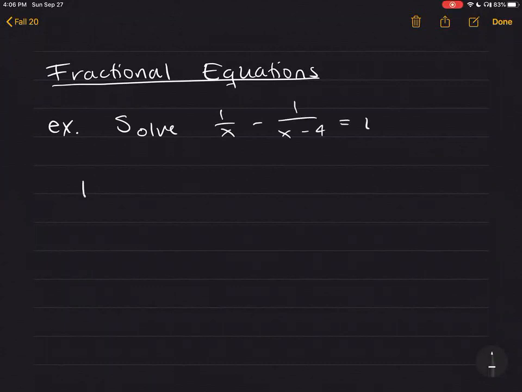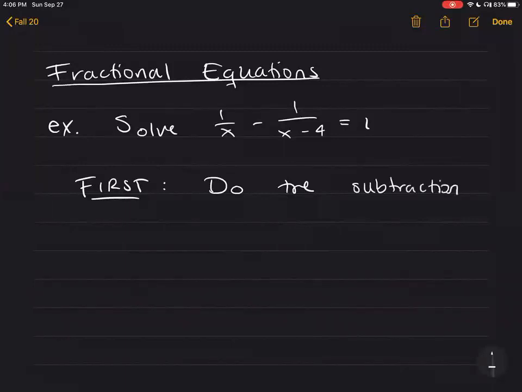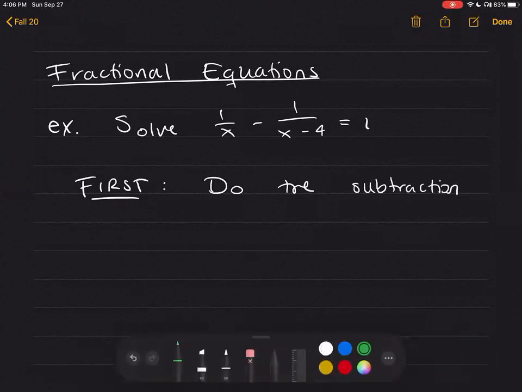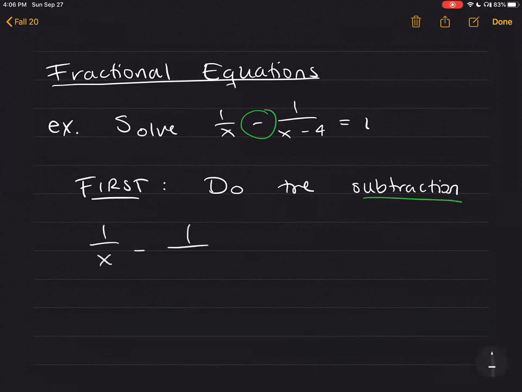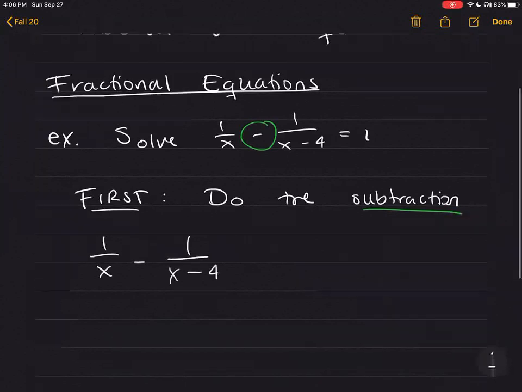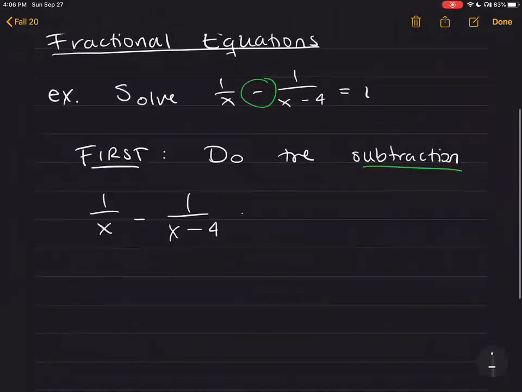So first, do in this case, the subtraction. So whatever this operation is, right? So that would look like 1 over x minus 1 over x minus 4, right? And so we want to get them over the same denominator.